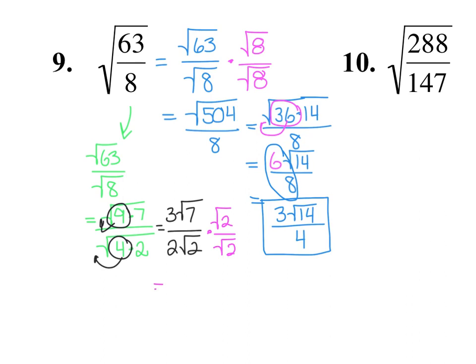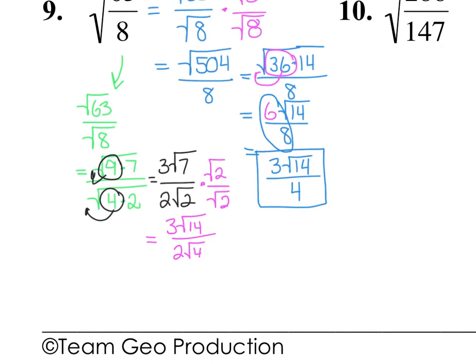My numerator becomes 3 root 7 times root 2 is 3 root 14 over 2 times the square root of 4, which we know is a number that's going to escape, right? It's going to get out of the radical, and it's 3 root 14 over 2 times the 2 that escapes, 4.